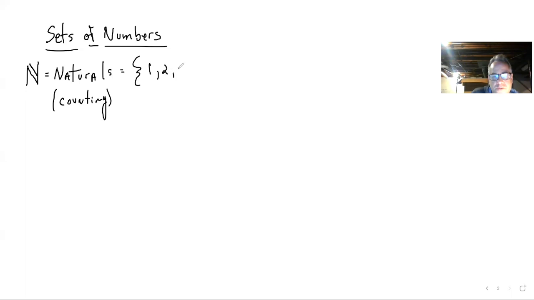Start 1, 2, 3, 4, 5, 6, 7, 8. There's no particular point you have to stop at, just establish a pattern, and then we can use ellipses to continue on in that same pattern. All right, so that would be the set of natural numbers.